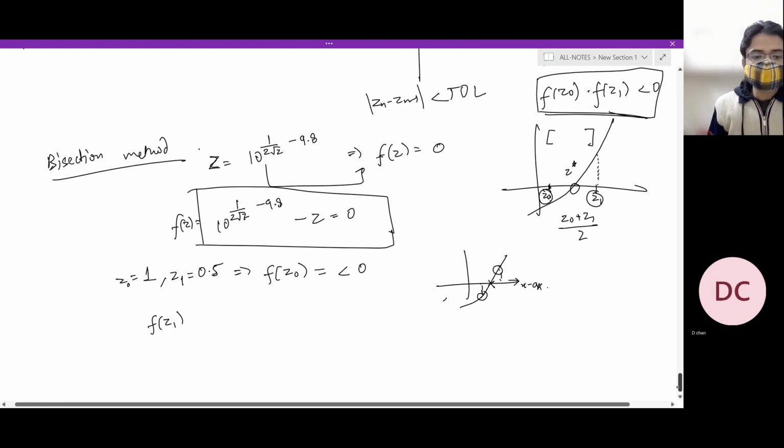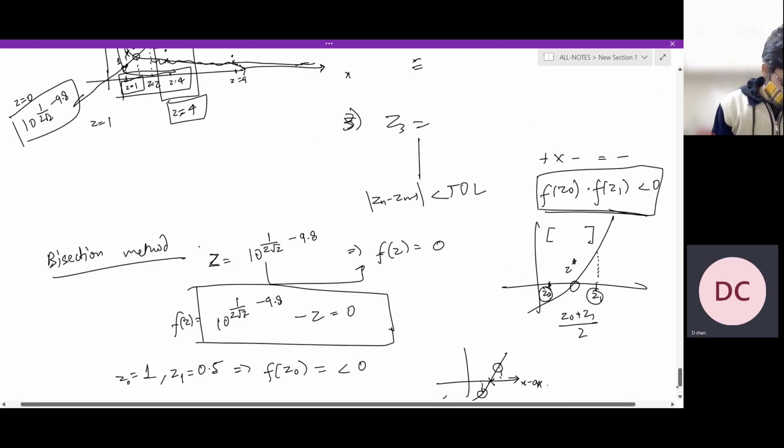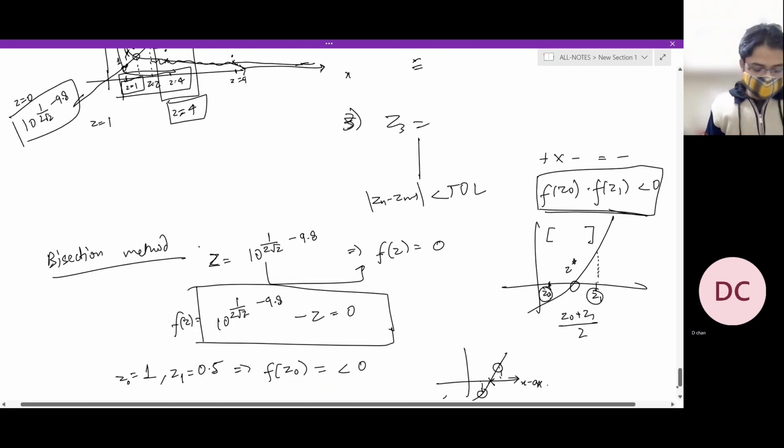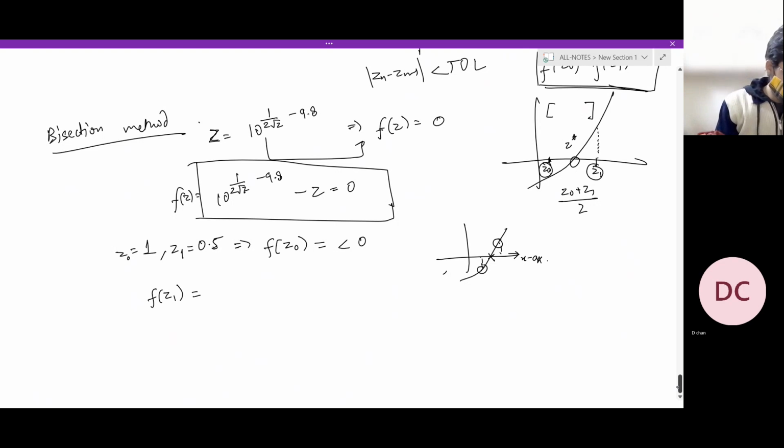And you calculate f of Z1, let's calculate it together. 0.5 divided by 8, then 0.5 minus 9.8, minus 0.499.